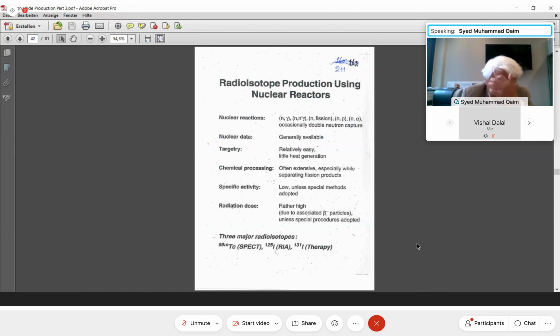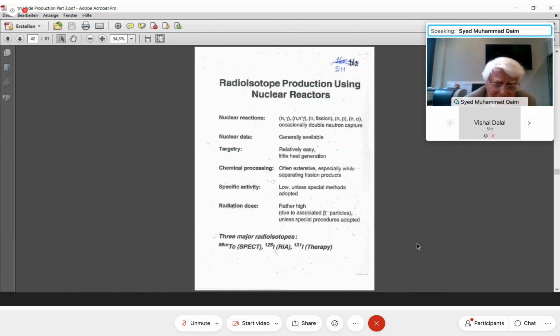And the most important SPECT isotope is technetium-99m. Second big isotope is for therapy. Therapy needs beta minus particles, and then you have iodine-131. And the third one is iodine-125, which is used in radioimmunoassay.